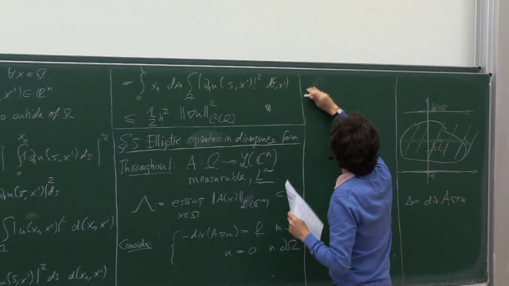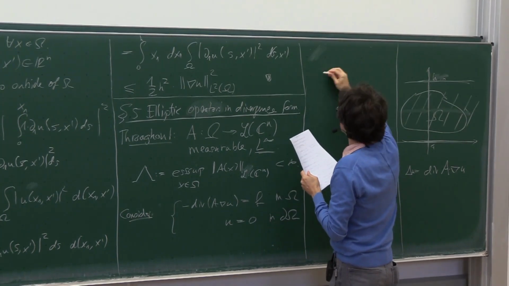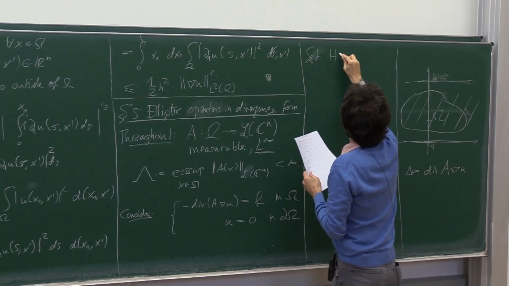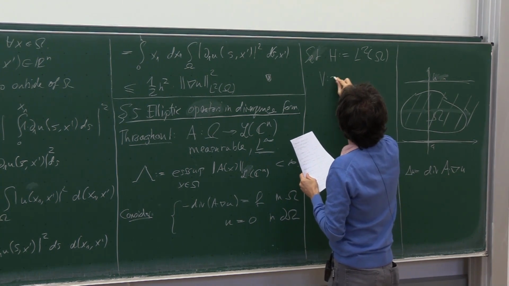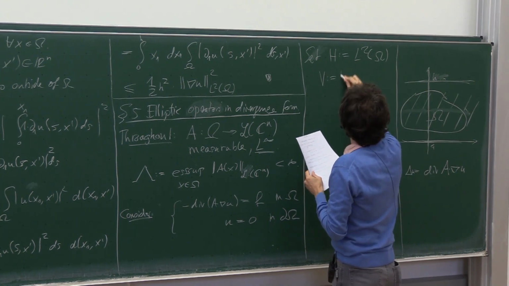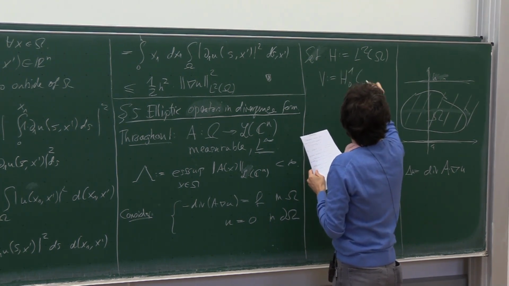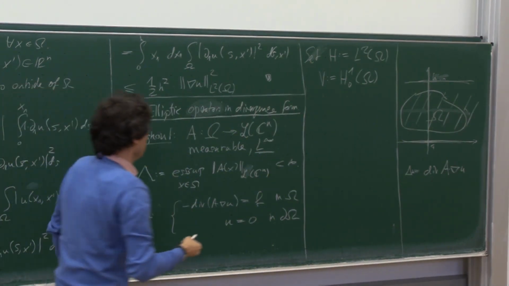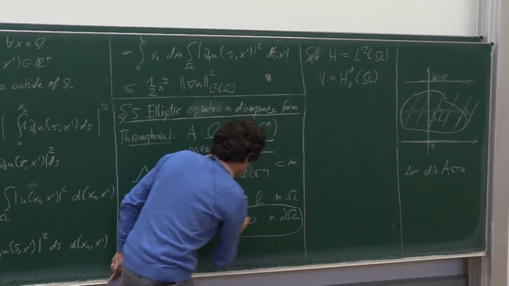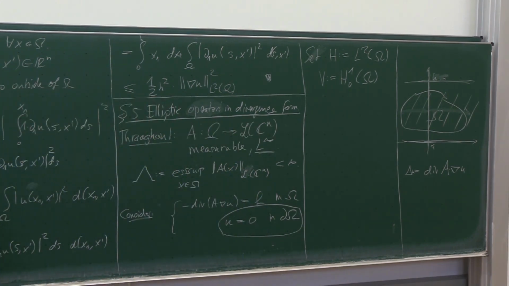So in the notation of chapter 2, we consider the case where H is L2 of omega, and V, the form domain, is H^1_0 of omega. We take H^1_0 because then we have incorporated this boundary condition already in the space. So we are looking for solutions in H^1_0, and this gives us the boundary condition for free.